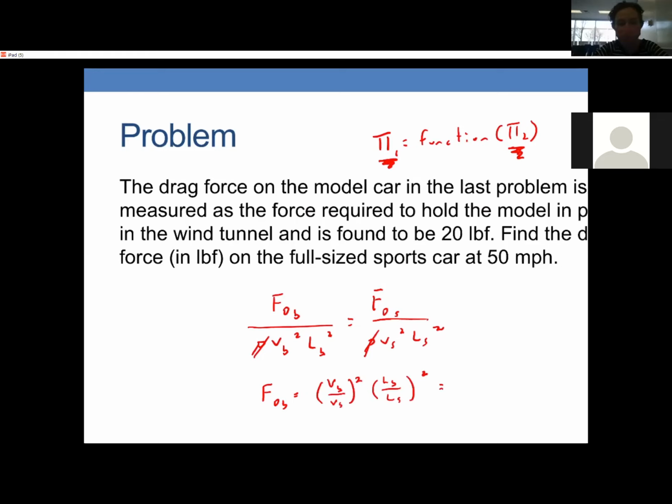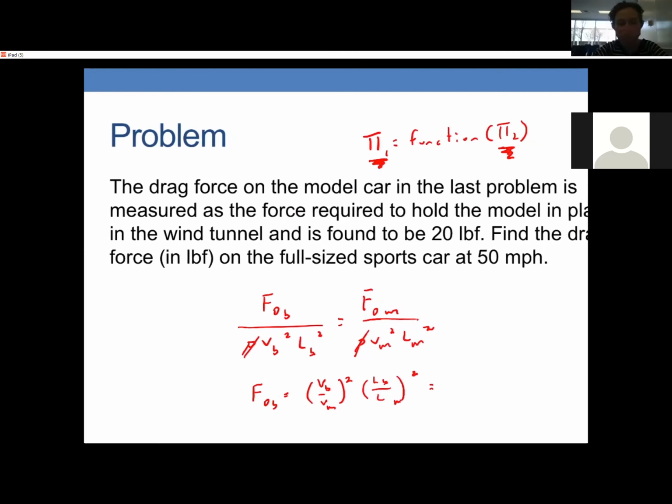It's a little hard to tell what's a V and what's an S at that size. Okay, that makes sense. I will use M for model instead of S. Okay, so then I solved for the force on the big one, and I got (velocity big over velocity model) squared, (length big over length model) squared, times the force on the model.